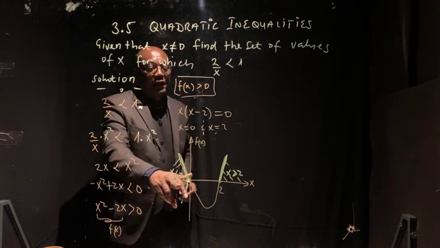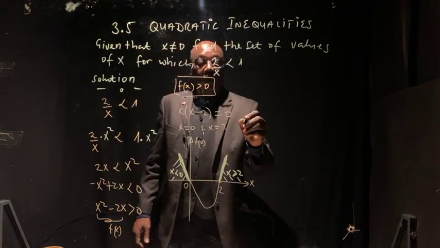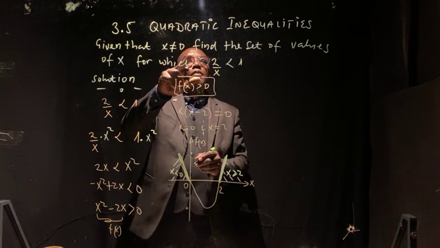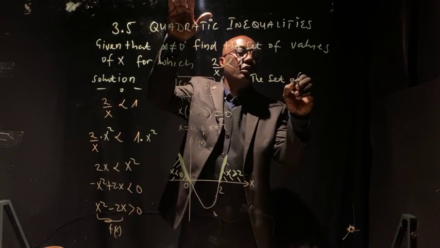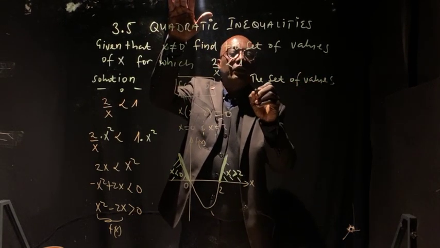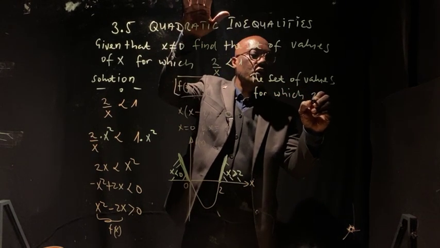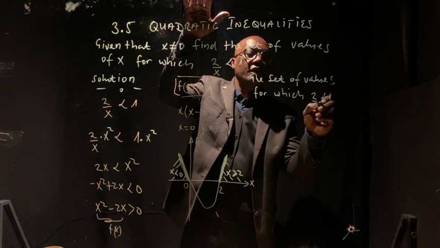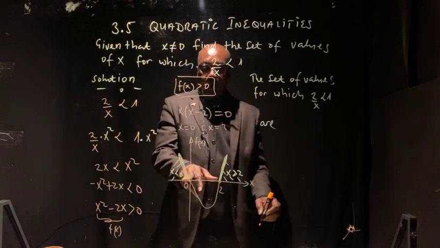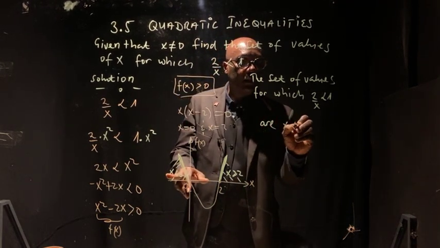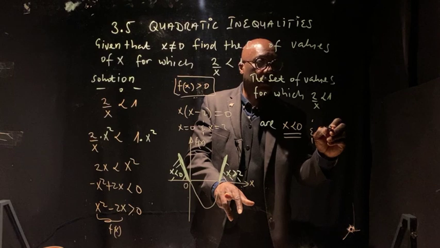So these are the inequalities. We can say that the set of values for which 2 over x is less than 1 are x less than 0 and x greater than 0.